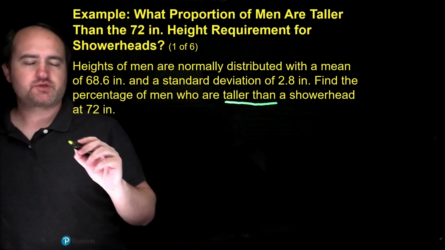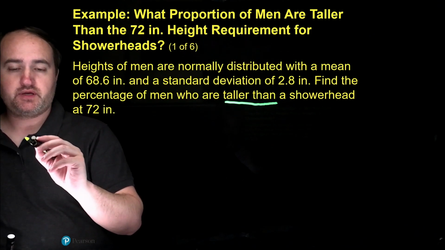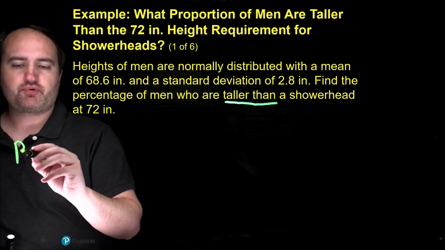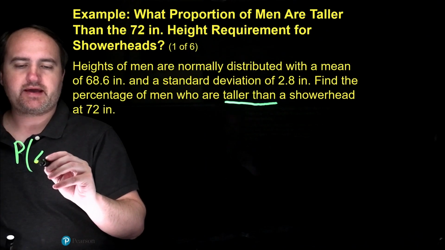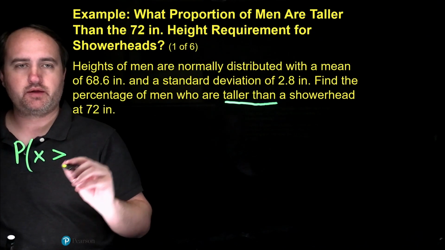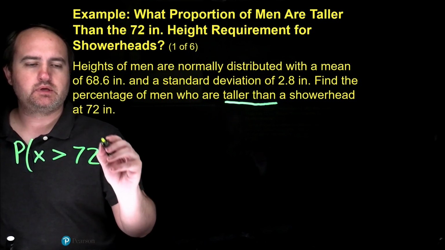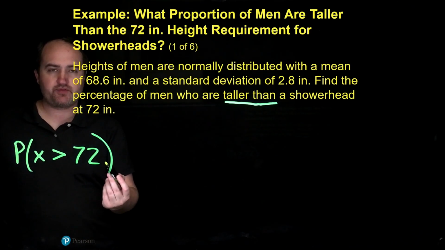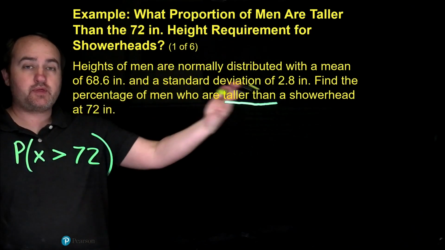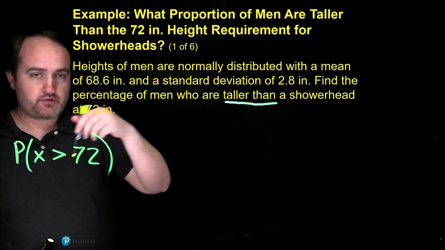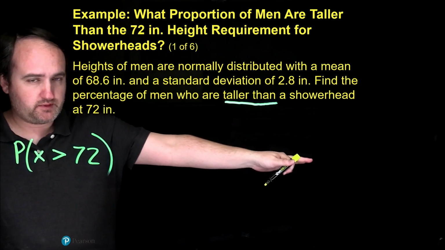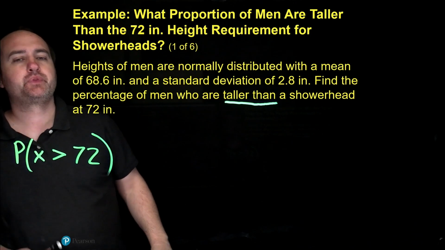So we need to figure out the probability that x is greater than 72 inches. And greater than goes to the right, so this is going to be the area to the right that we discussed in the last video.